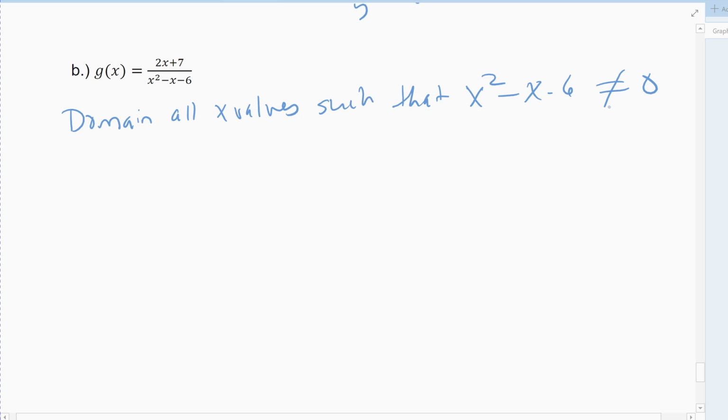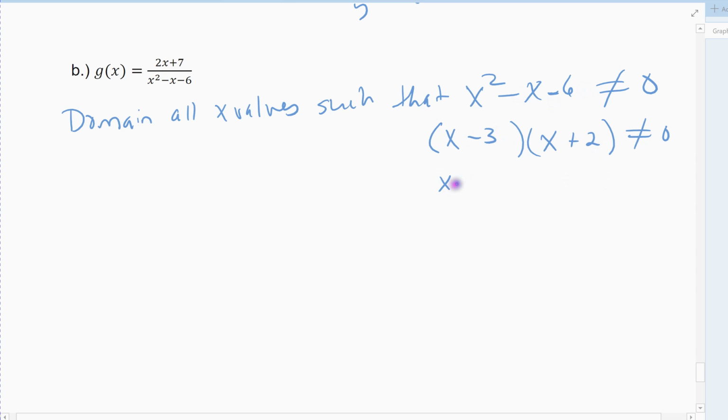Well, when is that 0? I'm going to solve it by factoring because this is a simple case. x squared breaks up into x and x, and then what are numbers that multiply to negative 6 and when I add, I get negative 1? So negative 3 and positive 2. Negative 3 and 2 give me negative 6, and negative 3 plus 2 gives me my negative 1.